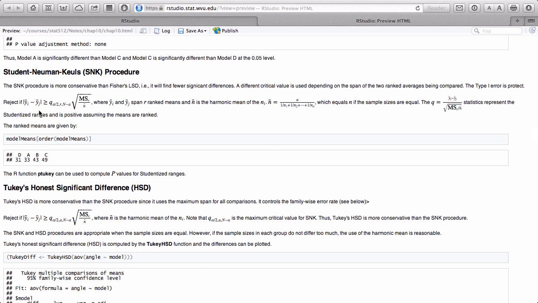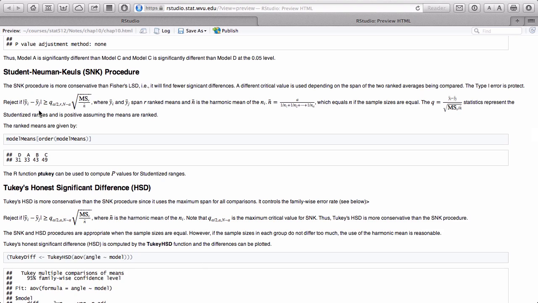Because you do your overall F test for the overall significance. And that F test, by the way, if you don't know about the F test, that's talked about earlier in the book. The F test is the ratio of two mean squares, both of which are distributed as independent chi-squares, with degrees of freedom for the numerator and denominator.